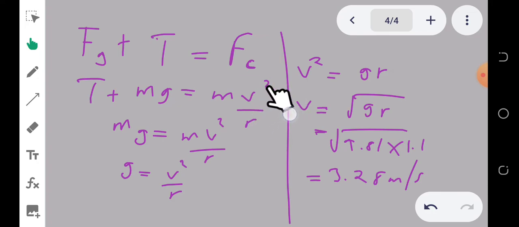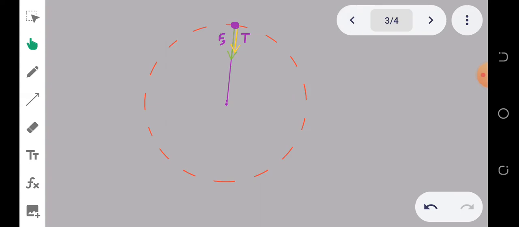When it is at the minimum, this tension force will be very low, but as the velocity increases, so does the tension in the rope. So we now want to consider the tension force when it is at the bottom. Let's imagine how it will be when the string is at the bottom.